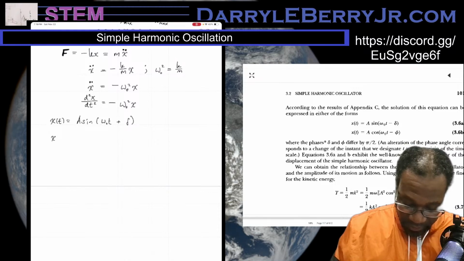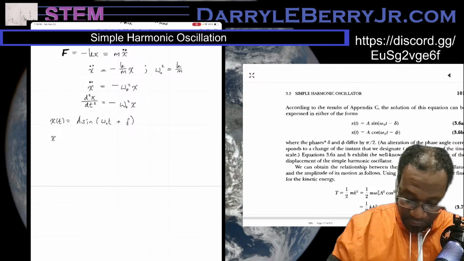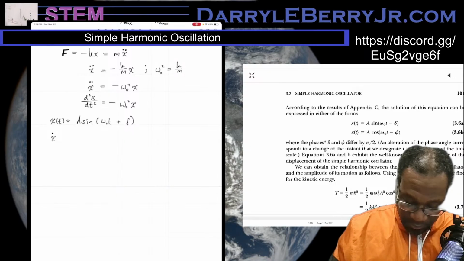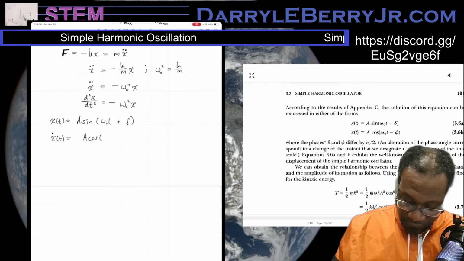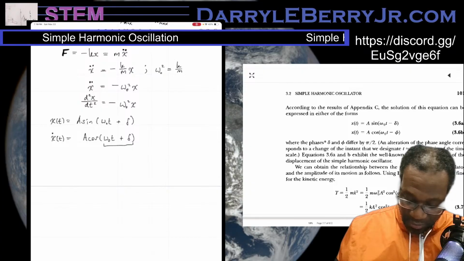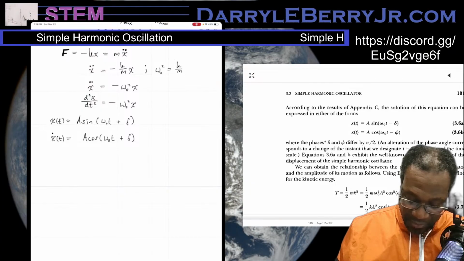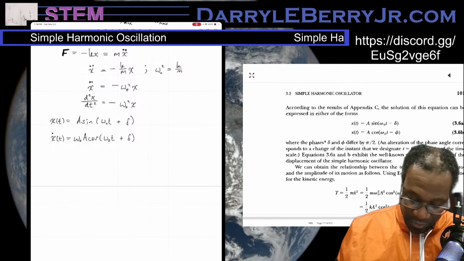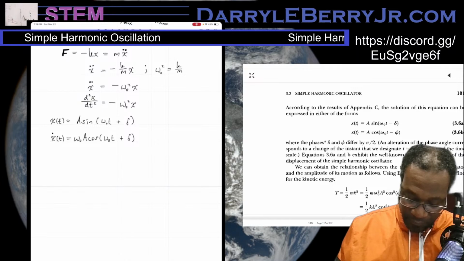So that means the derivative of x with respect to time equals A cosine of omega naught t plus the phase. Using the chain rule, we have to take the derivative of what's on the inside with respect to t, which means we have an omega naught that comes on the outside.